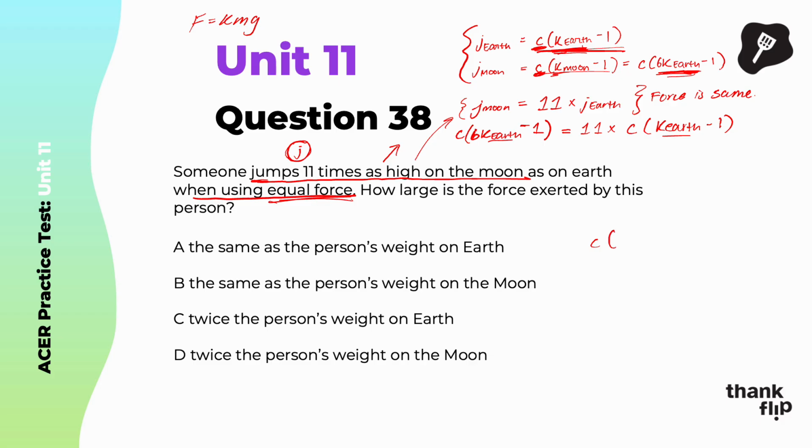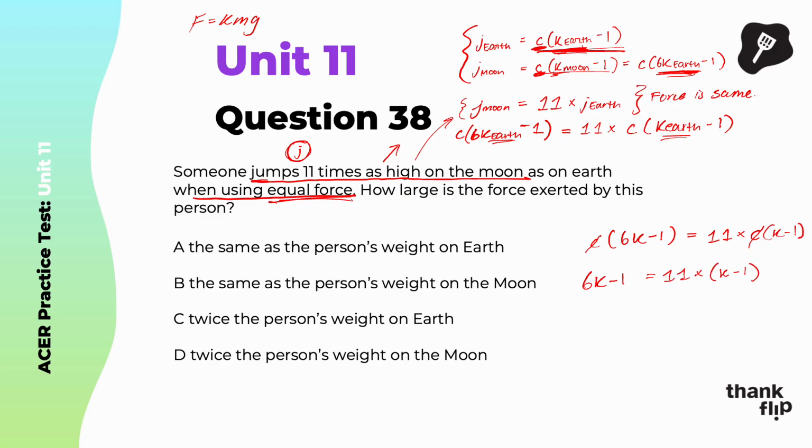We're just going to use K because we're already using K Earth. We don't need to clarify whether it's moon or Earth. So I'm just going to do 6K minus 1 is equal to 11 times C K minus 1. And now C is there on both sides, so we can cancel that out, and we're left with 6K minus 1 is equal to 11 times K minus 1.